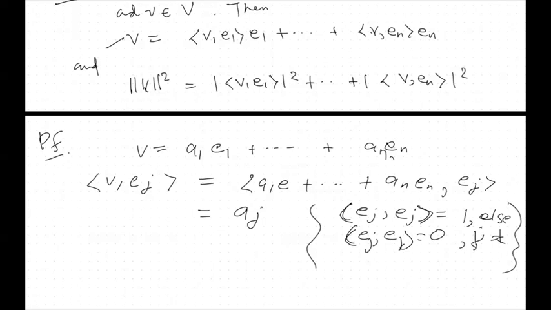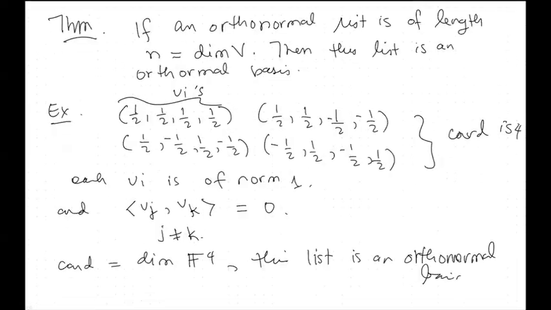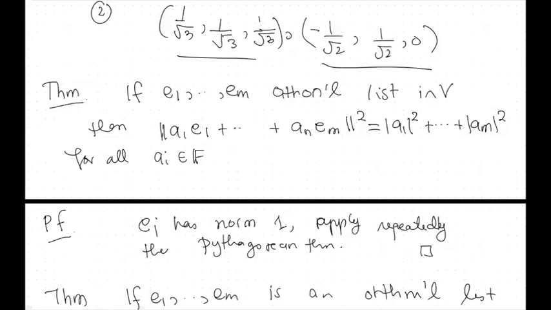Okay. So that means the coefficient of e_j is just the inner product of v with the ordered basis element e_j. And this star here follows from our previous result, the result here.